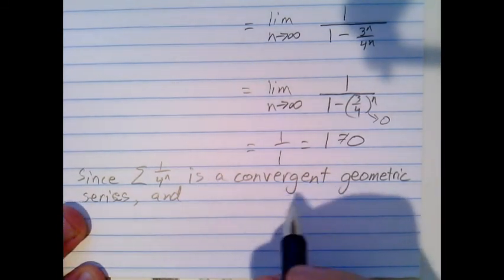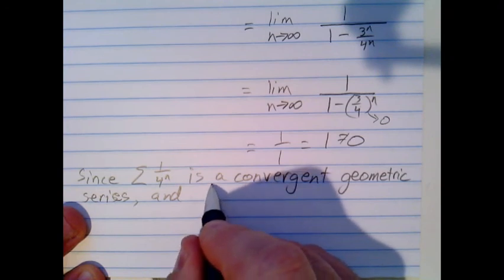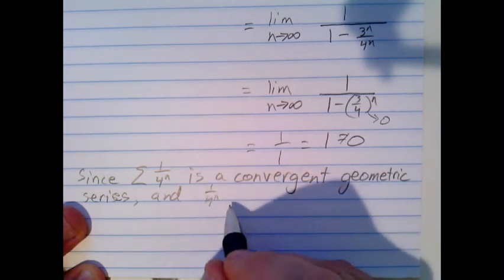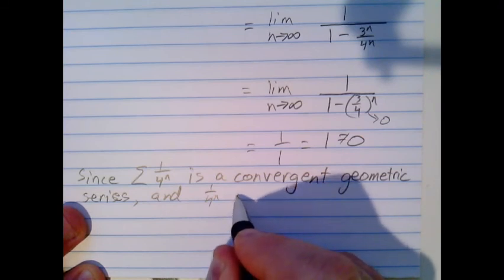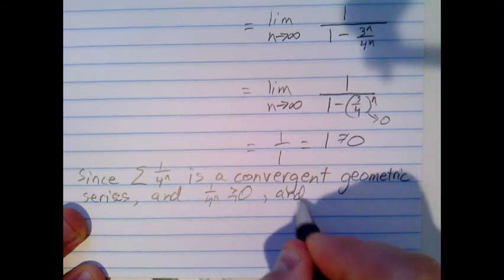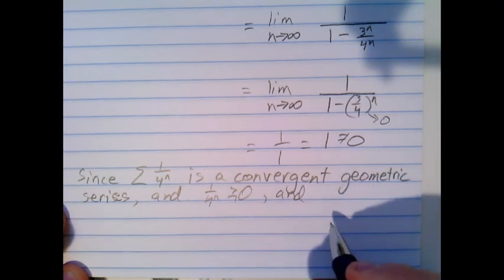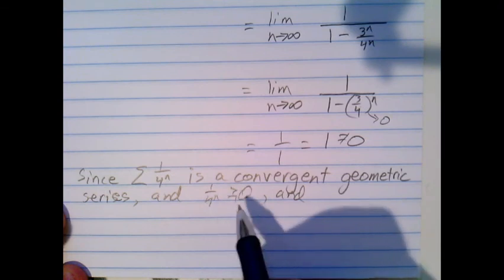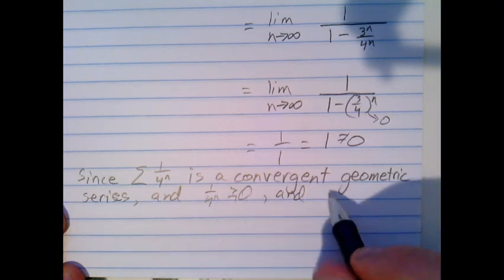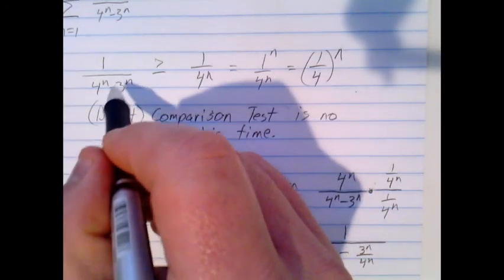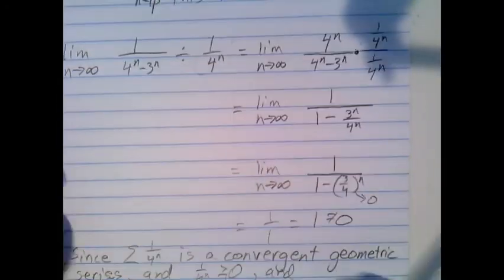Oh, we need to check that everything's positive, and 1 over 4 to the n is clearly positive. Oh, and I need to know that the series I'm testing has positive terms.